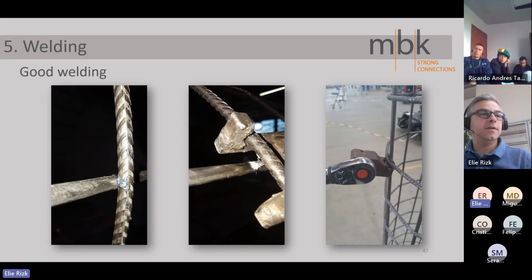You can see that the color is a little bit changed, and there is a little bit of deformation on the wire, not too much. When you try to separate the two wires from each other, it is a very strong connection to disconnect. So this is what we can call a good weld.